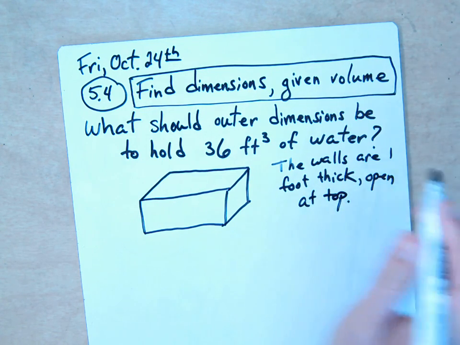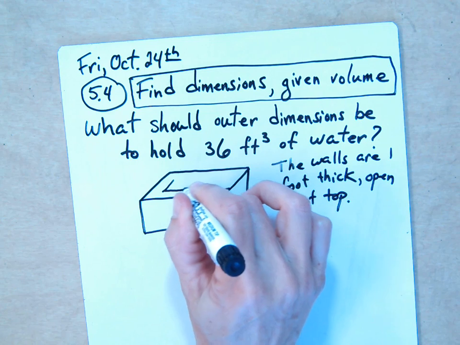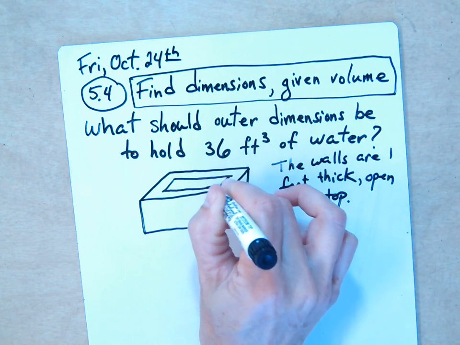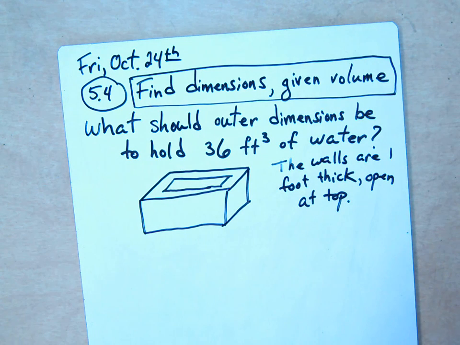So I'm going to draw this little thing here to show that it's open there. So it's basically like, think of a planter box. I would say a box of tissue, but those don't have thick walls.